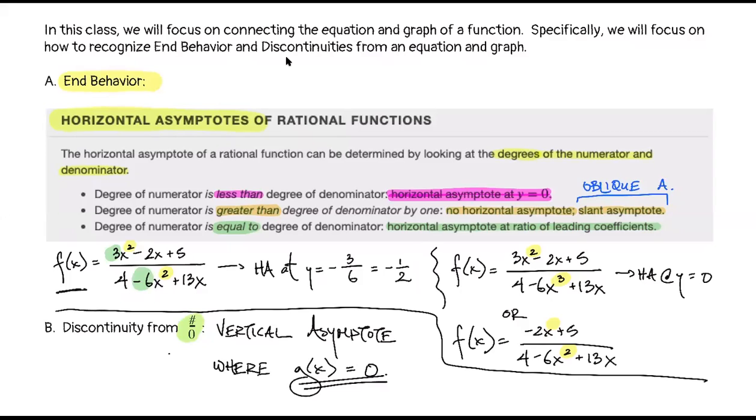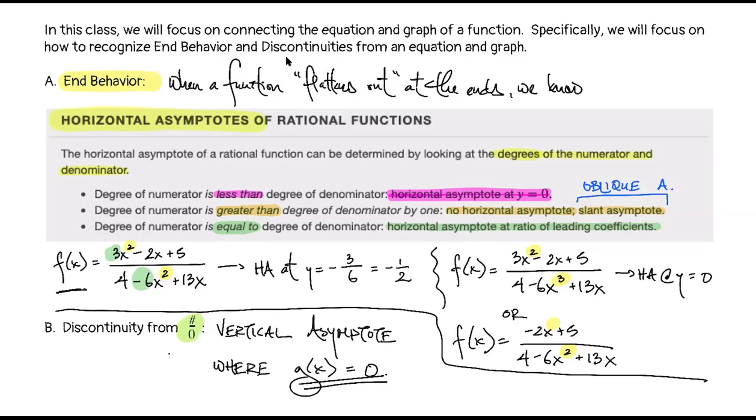It's actually very intentional, because when a function flattens out at the ends, meaning it doesn't go up and it doesn't go down, it just goes flat, we know the function has a horizontal asymptote, okay?